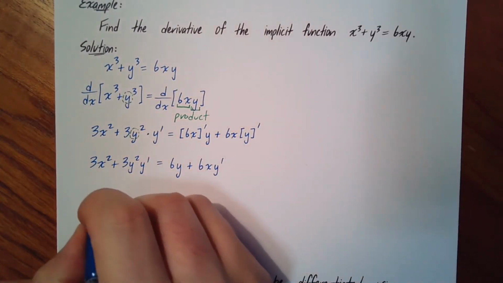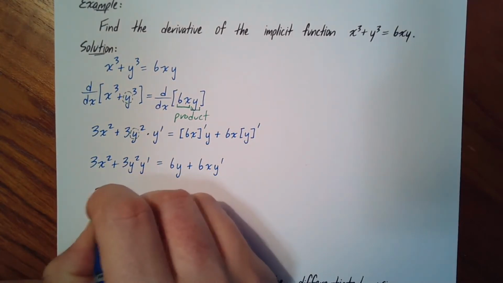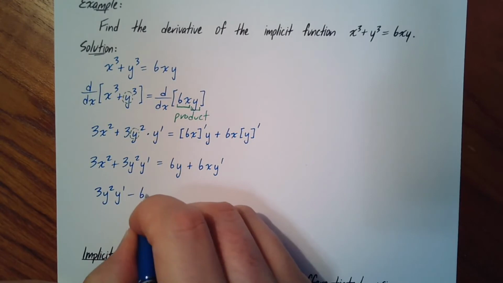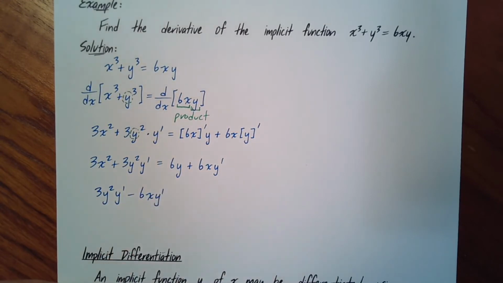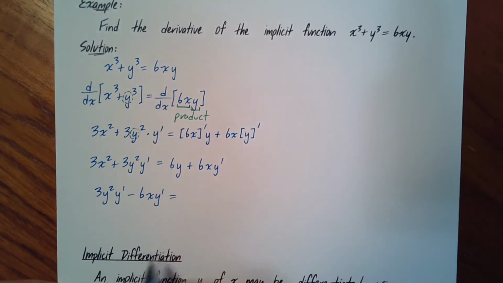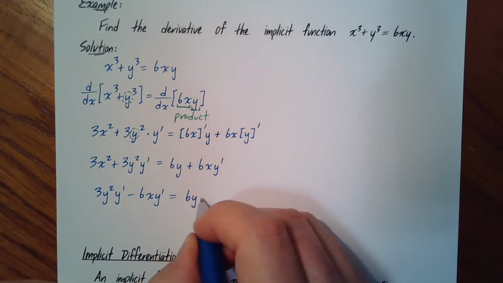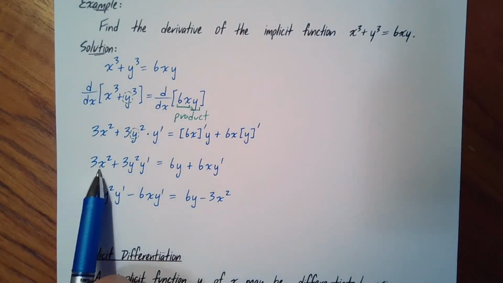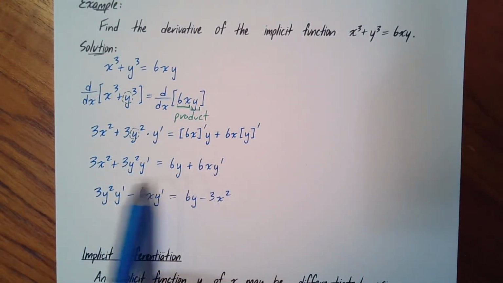So what you'll get is 3y squared y prime minus 6xy prime. And that is equal to, on the right-hand side, we'll have 6y minus 3x squared. Okay, so this term got moved over here, and this term got moved over here. And that brings us to this point.